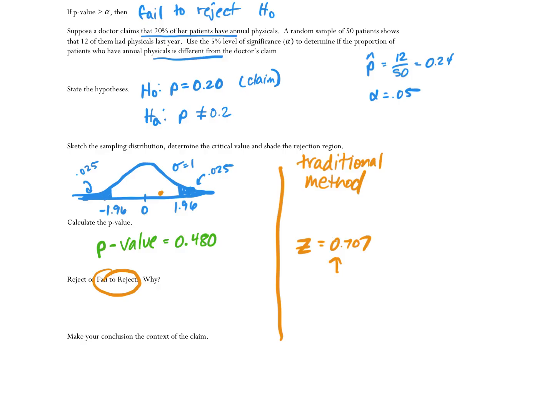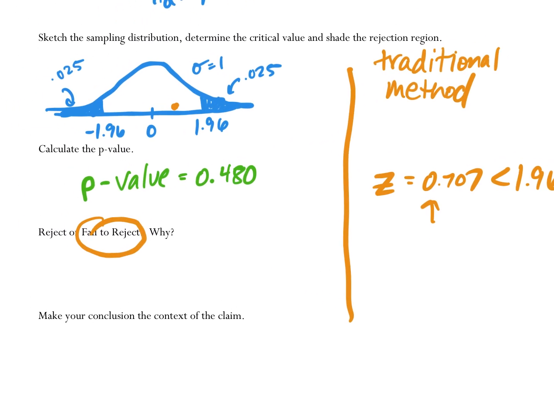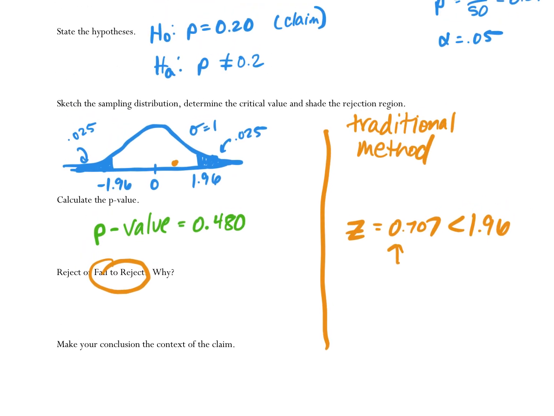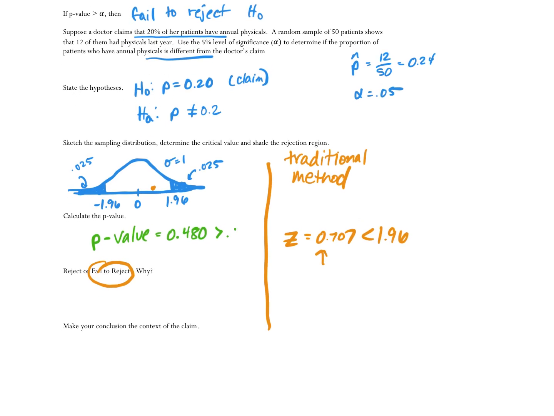And my reasoning would be that 0.707 is less than 1.96. It's not in the rejection region, okay? If I ask you to use the p-value method, you're gonna give me the p-value, and in this case, my p-value is greater than my significance level, which would also make me fail to reject.